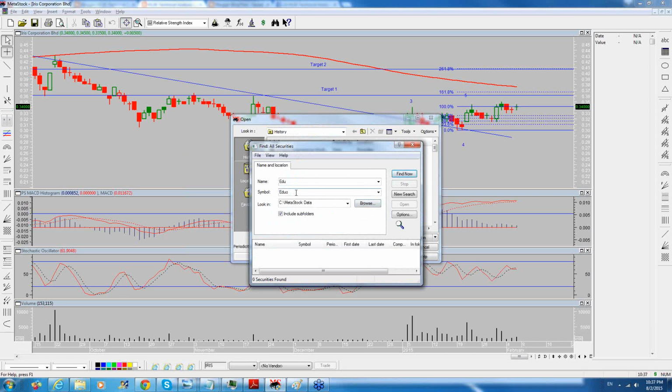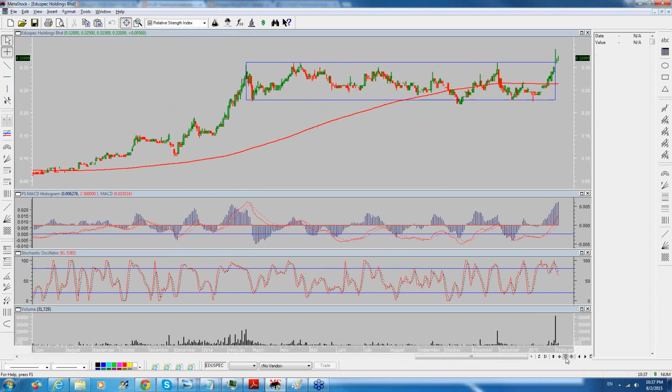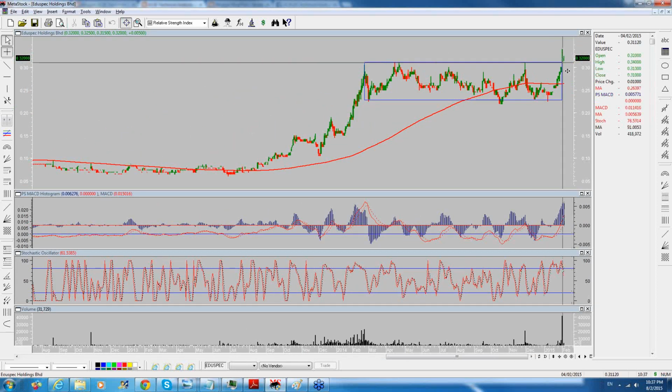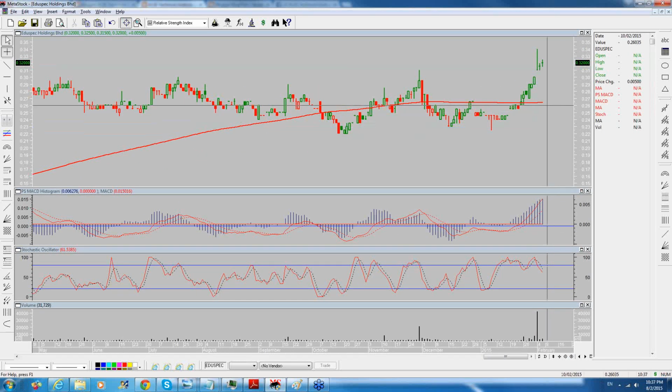Looking at this long consolidation, a long consolidation rectangle box, the breakout is forming a doji. It's a gravestone doji, and there is a small little candle cramping up.